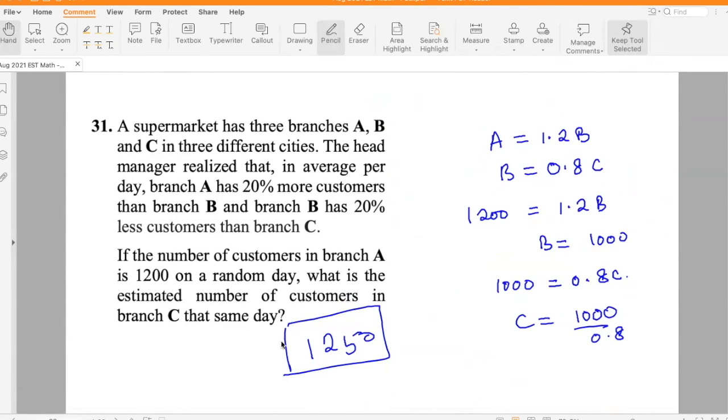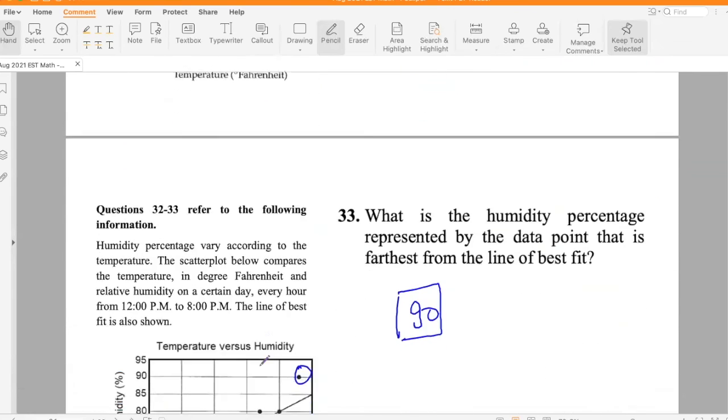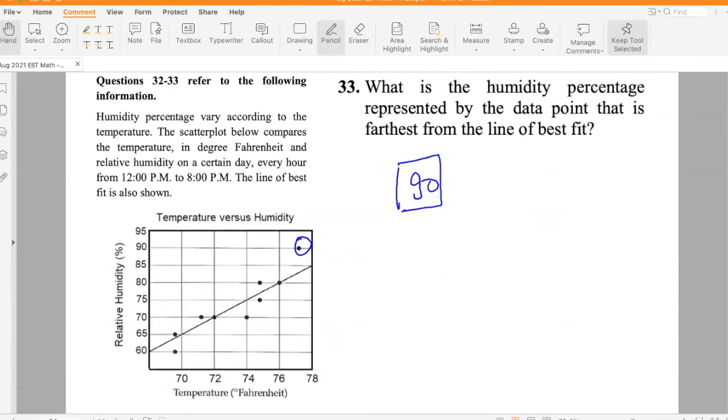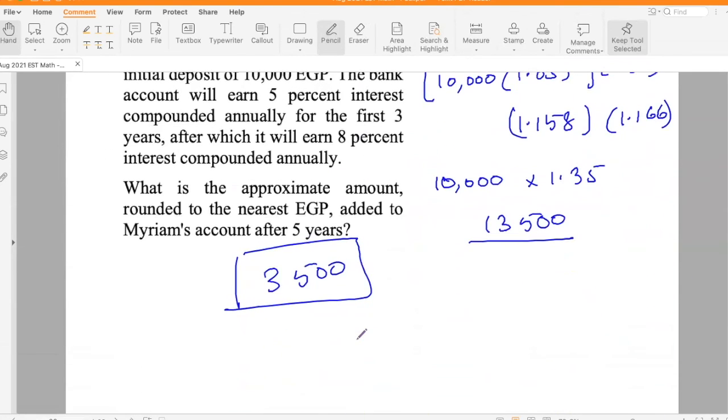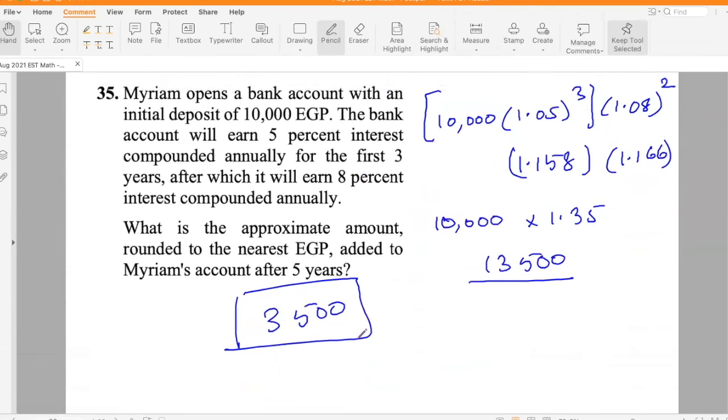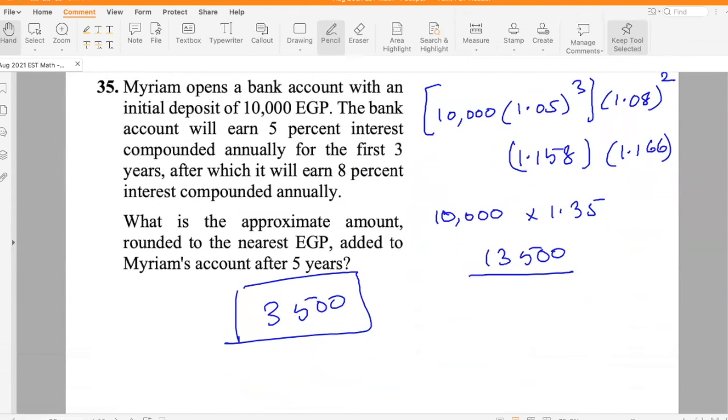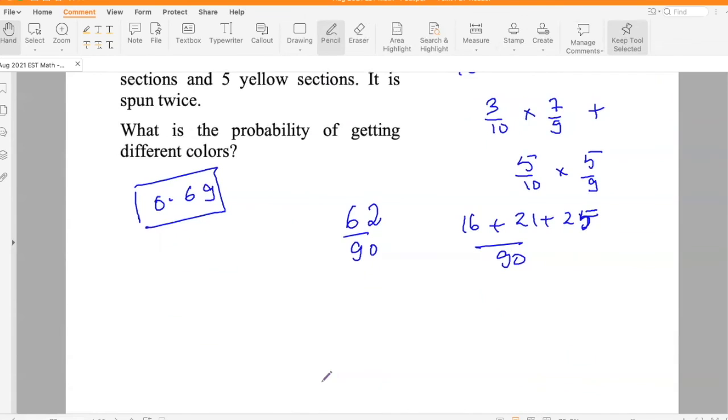31, 1250, 7590, 3420, 3503. Okay, so this was supposed to be 3503. I think that's fair, right? Because you're doing such big calculations. Okay, 36, 0.62. Let's check, 0.69.